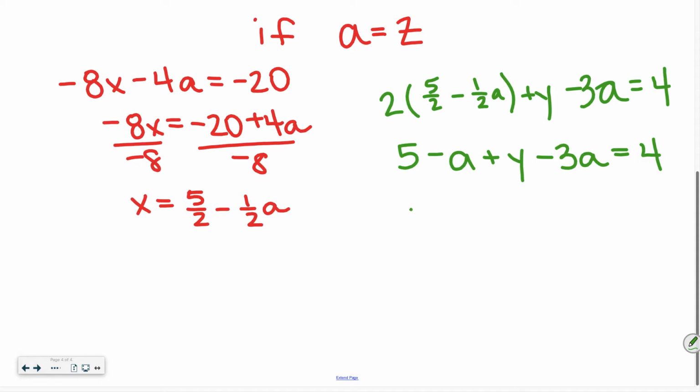So I'm going to subtract this 5 over to get negative 1. This becomes negative 4A, and then when we add it over, it will become a positive 4A.